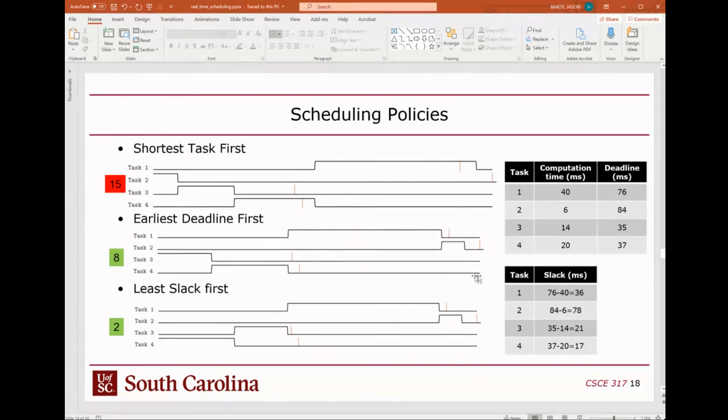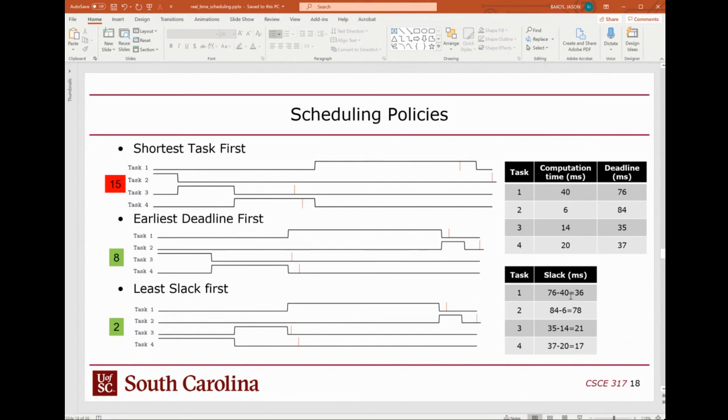Earliest deadline first is when you schedule the task with the earliest deadline first, which in this case gives us task 3 first with a deadline of 35, then task 4 with a deadline of 37, then task 1, and then task 2. And you can see that was actually one of the 2 schedules that worked. Another option would be to schedule the one with the least slack first.